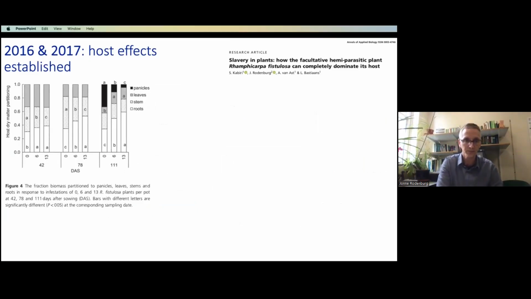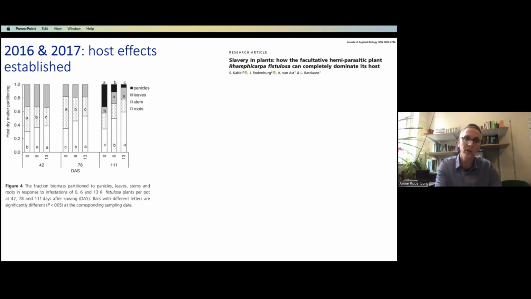On this graph, you see at 42, 78, and 111 days the host dry matter partitioning, for 0 Rhamphicarpa plants, 6 Rhamphicarpa plants, and 13 Rhamphicarpa plants.